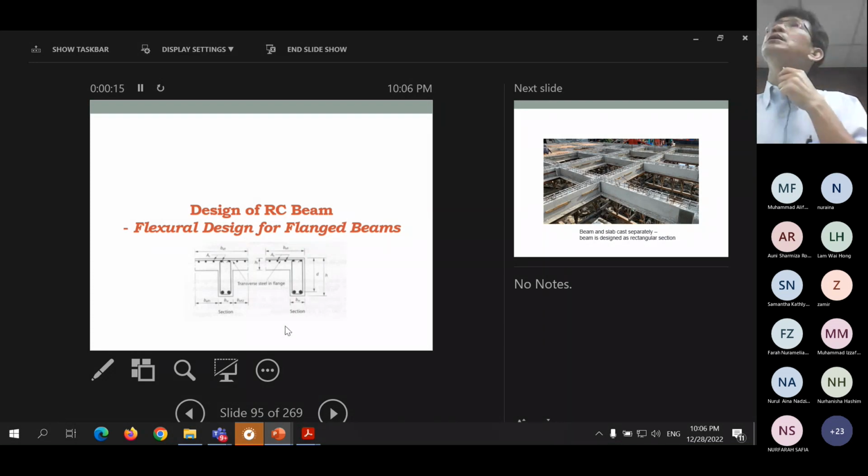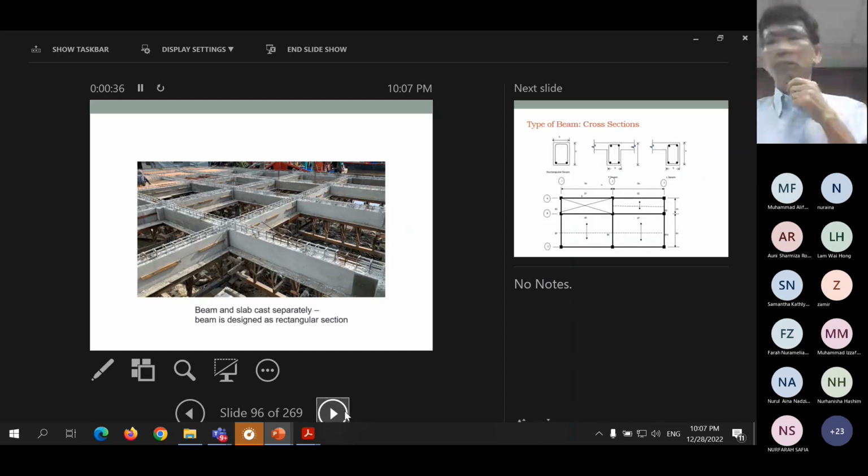It can also be T shape. Now, because we want to take advantage of the slab, there are conditions where we can consider the beam that we want to design as L shape or T shape, which is we consider the contribution from the slab. Now, here I show, this is in your notes, part of the flange beam design.